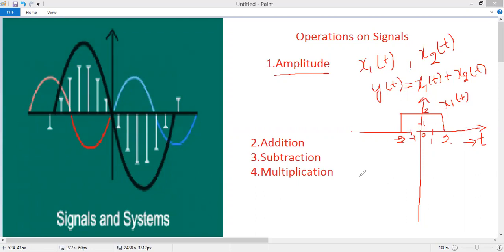My next signal is x2. For the sake of your understanding, I am going to give a different notation. So my next signal is this one. Now I am going to add these two signals.